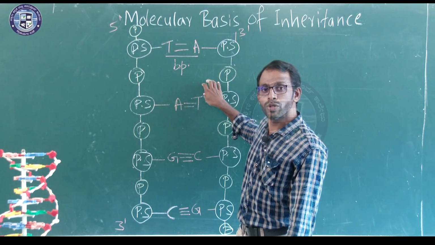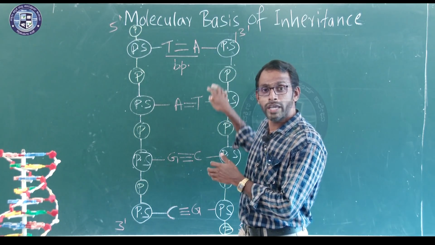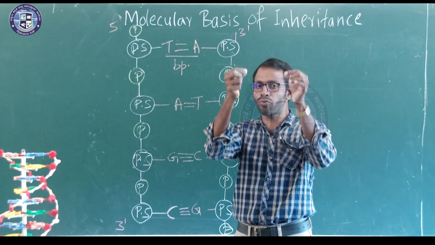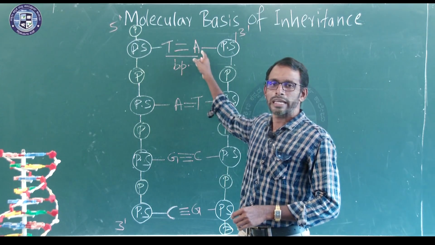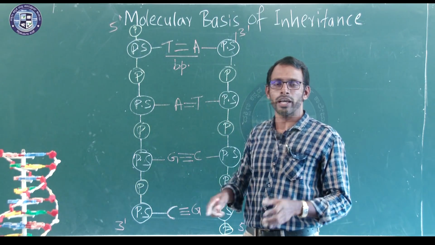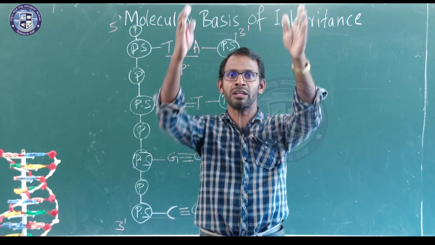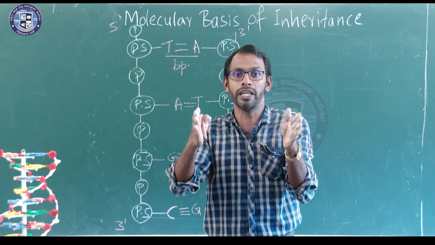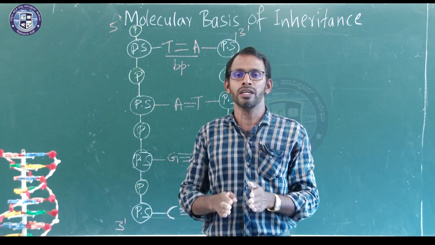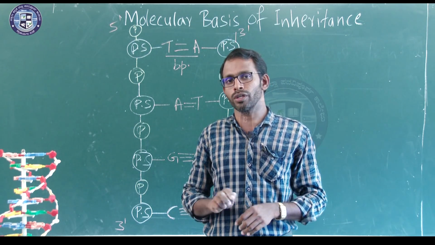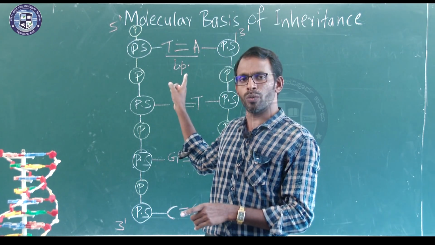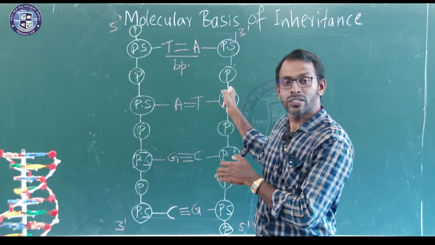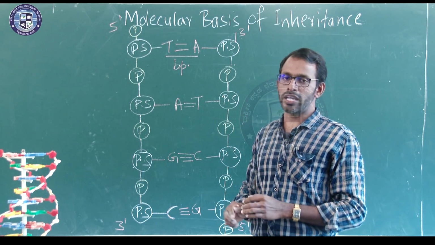That is the beauty of DNA. By keeping these 4 letters A, G, T, C, it can bring n number of varied combinations in a different DNA molecule. So, that is the beauty of the basic structural pattern in the DNA molecule.